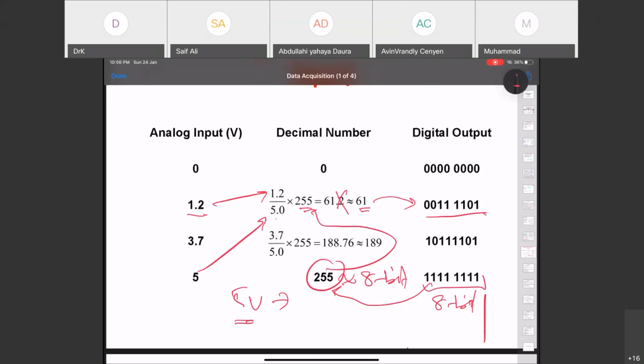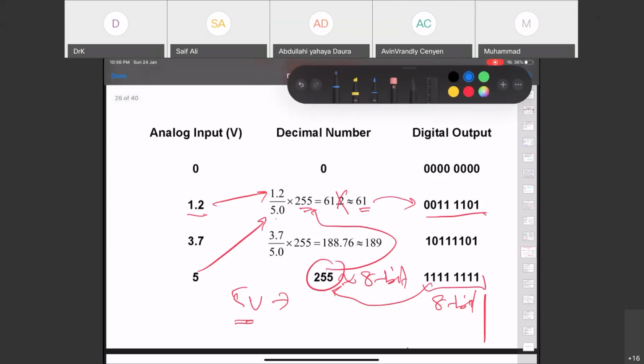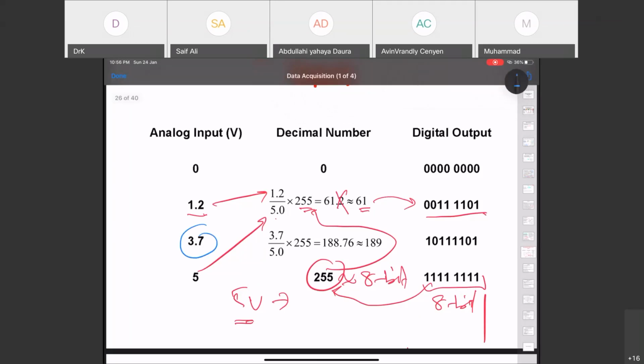The same goes with 3.7 here. The maximum goes here, because this is some kind of ratio, 3.7 over 5, so you will have something over 255.